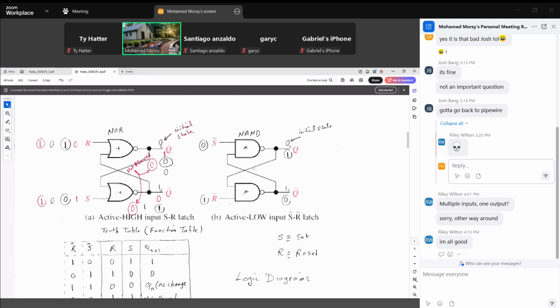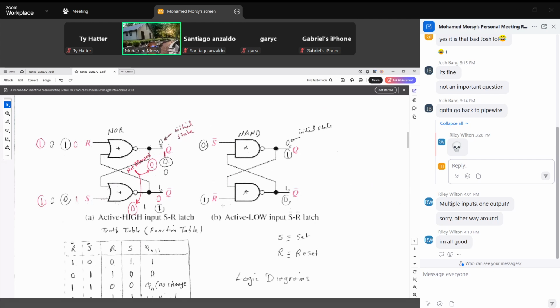Take one example here. Assume we have S inverted is 0 and R inverted is 1. The same thing. S inverted is 0 and the initial state is 0, 1. So take 1 and 0, multiply, so it is 0, inverted to 1.